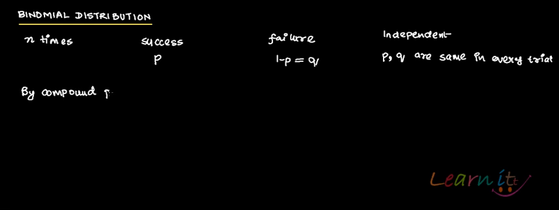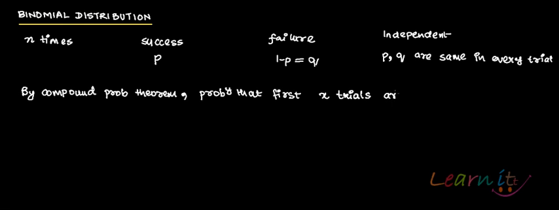Now by the compound probability theorem, what you can write is the probability that the first X trials are success, and how many remaining trials are there?